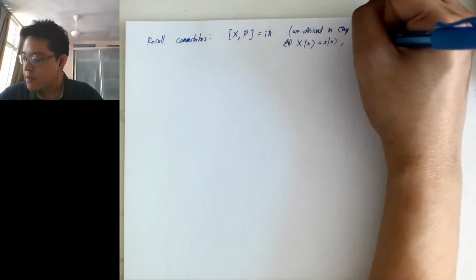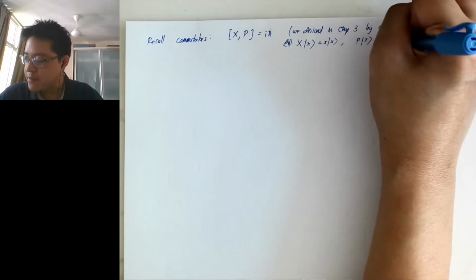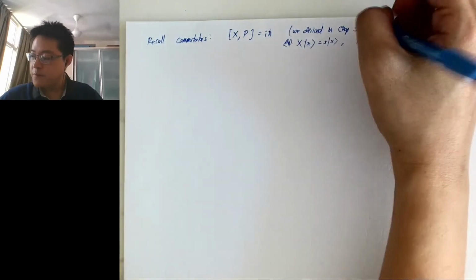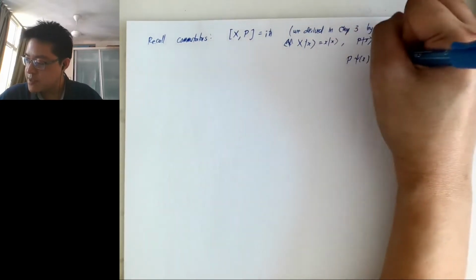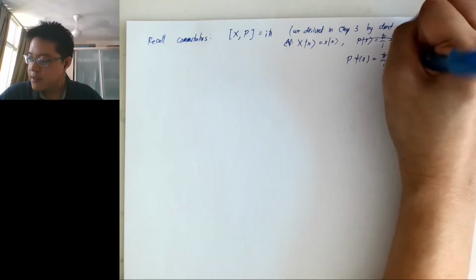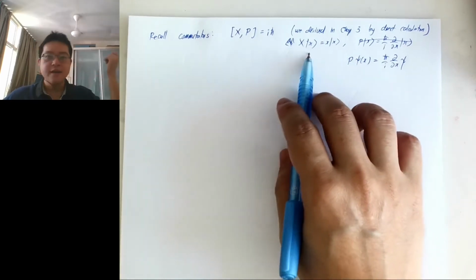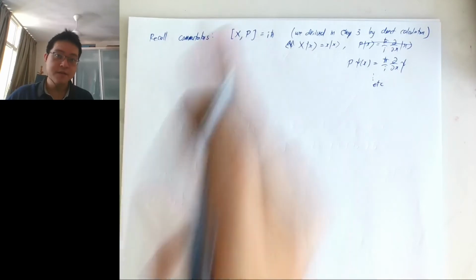Anyway, let me write this. I shouldn't go through everything again, but you got this, right? So the position wave function of this is equivalent to d/dx of this. So if you work everything out, you differentiate first and then multiply by x later, and then you multiply by x first and differentiate later. So you got this, okay?